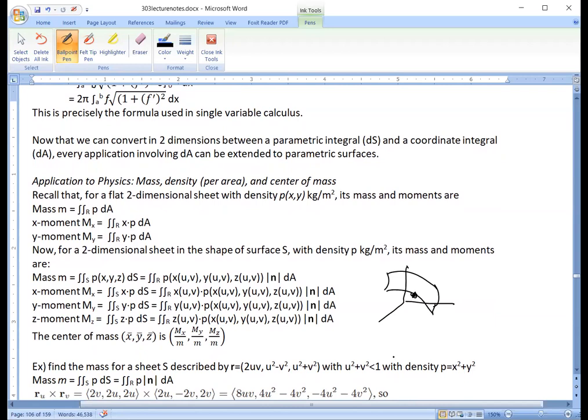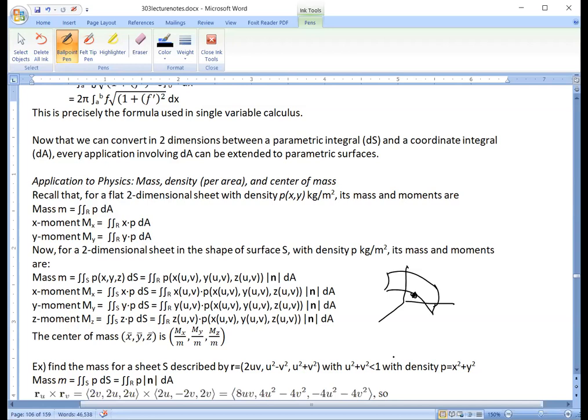Second tangent vector is dr dv. Calculating that, you get 2u, comma, negative 2v, comma, 2v. Then you need to make the normal vector, so you take the cross product. Calculating, you get 8uv, comma, 4u squared minus 4v squared, comma, negative 4u squared minus 4v squared. So there's your normal vector.